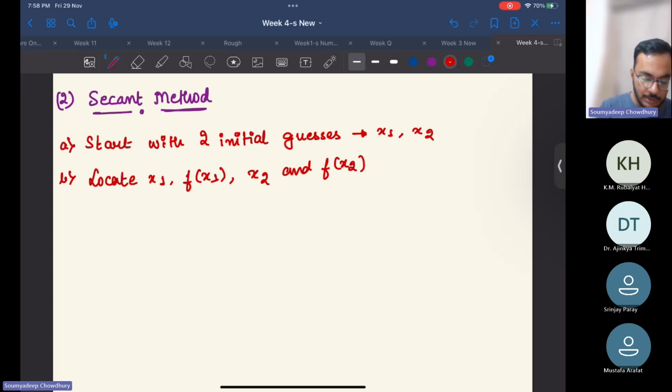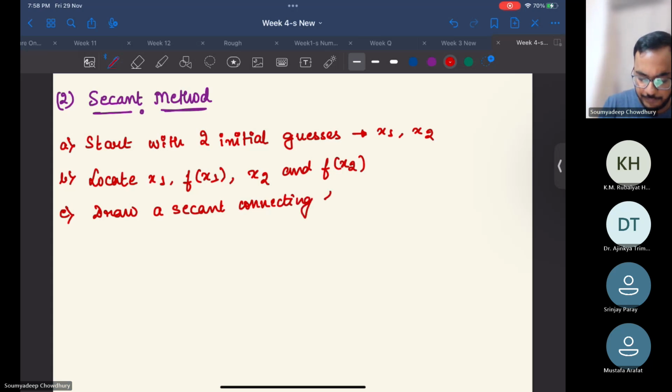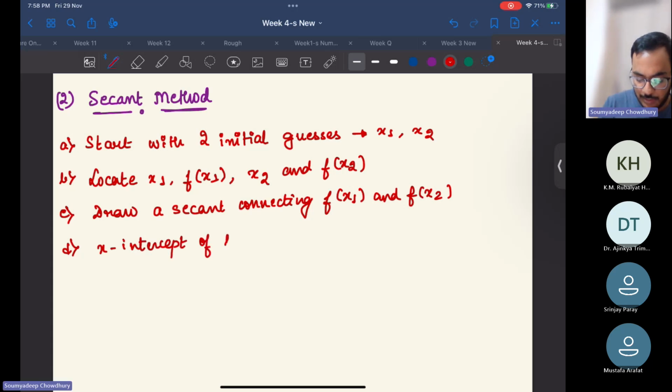Then we have to draw a secant connecting f of x1 and f of x2. Then we have to find the x-intercept of this secant. That is, the point at which this secant intersects the x-axis is x3.